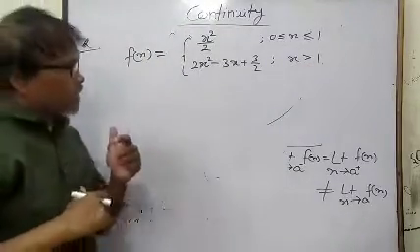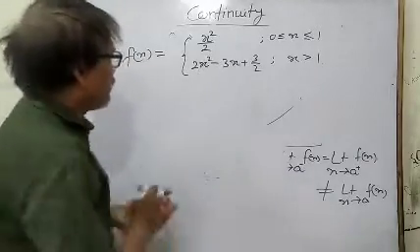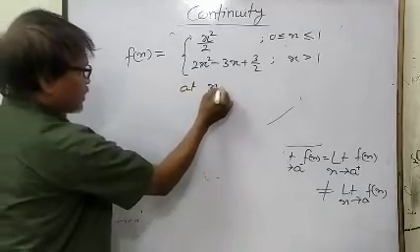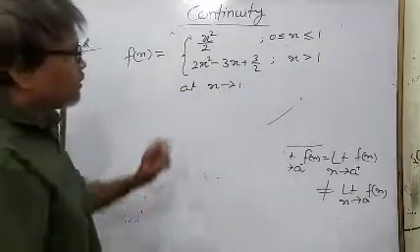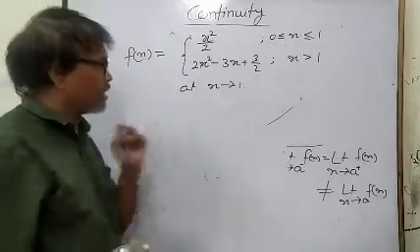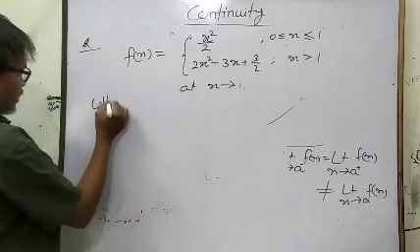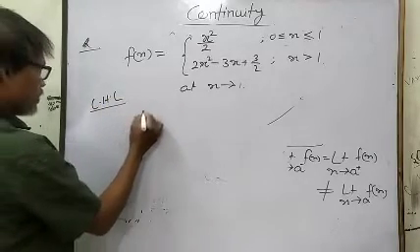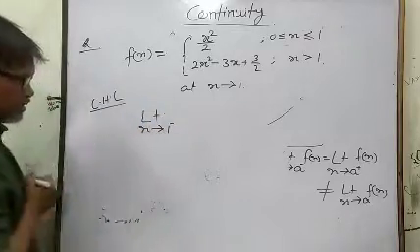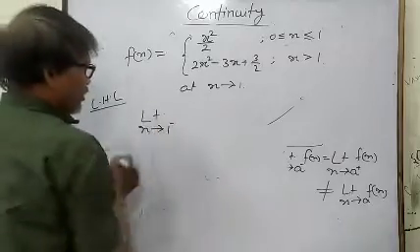In other way, we can say that if we have to find the continuity at x tending to 1, we need the left hand limit at x tending to 1 and the right hand limit at x tending to 1. First of all, left hand limit x tending to 1 minus sign. This minus represents the left hand limit of f(x).